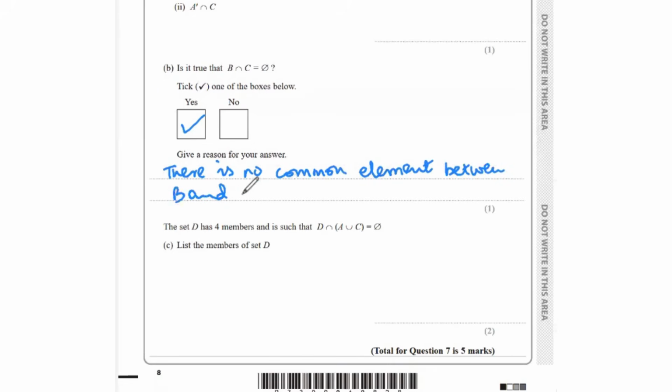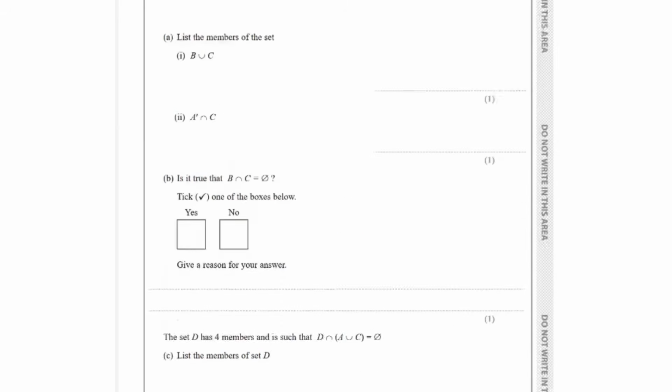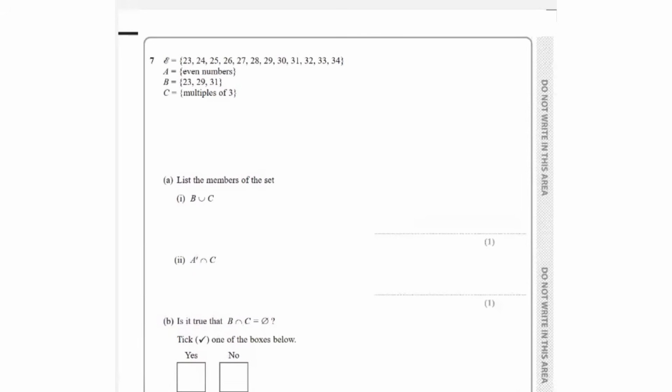Then it says the set D has 4 members and is such that D intersection A union C is a null set. List the members of set D. So A union C and then intersection with D. A union C would be 24, 26, 27, 28, 30, 32, 33, and 34.